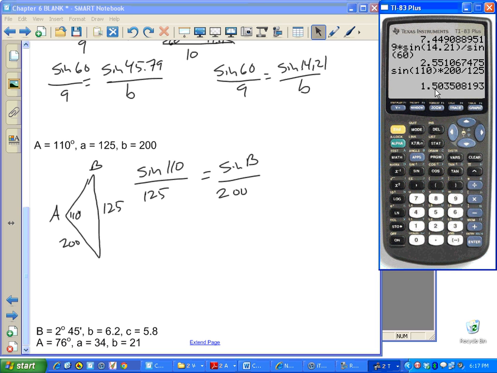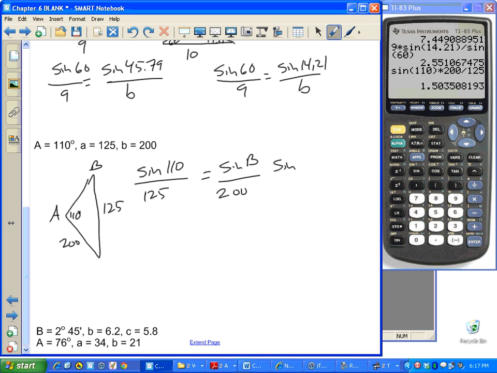So you get that sine. So sine of B, okay, that's what the sine of B should be. Sine of B equals 1.50, okay? Problem with this is we know that the sine can never be bigger than 1, okay?